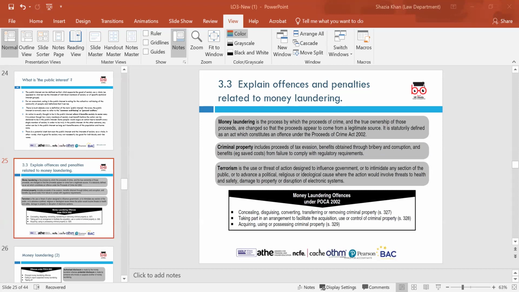The definition is quite clear, saying that money laundering disguises the origins of the money. It's not a new phenomenon. It's been going on for years, and it's a way that people hide their money.